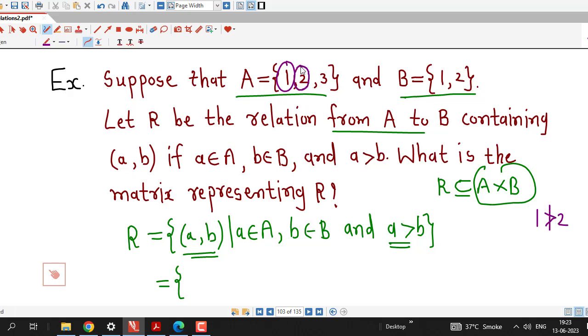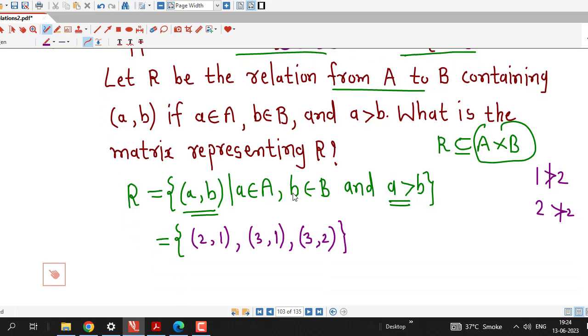Then we fix 2 and vary the second components. So I have (2, 1), which is present in R because 2 is greater than 1. Another possibility is (2, 2), but 2 is not greater than 2, so (2, 2) is not in R. Then we have ordered pair (3, 1), which is present because 3 is greater than 1, and ordered pair (3, 2) is also present because 3 is greater than 2.